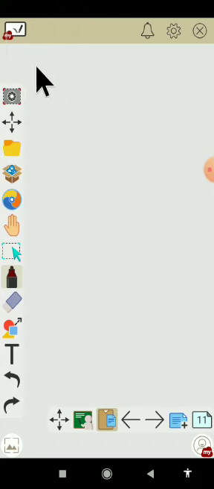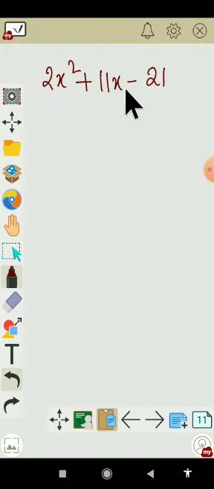One more problem we will solve here, which will be a little bit different, that is 2x square plus 11x minus 21. Here again we have to multiply these two.